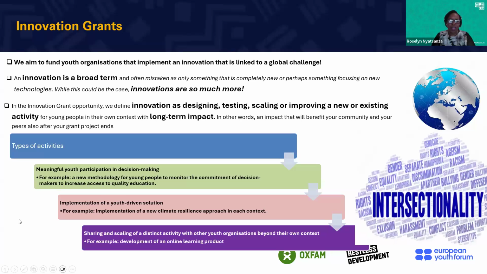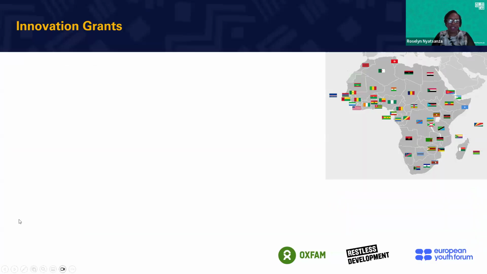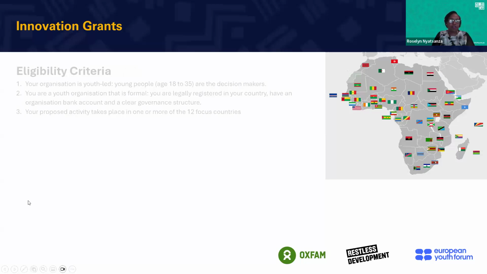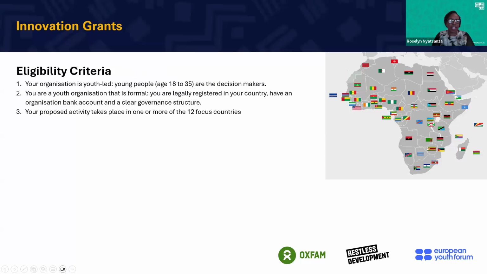Moving on to our next slide, here we just want to talk about some of the eligibility criteria, which is very important for the innovation grants and all our grants. Before you apply, you need to check that you are eligible. You need to be a youth-led organization.